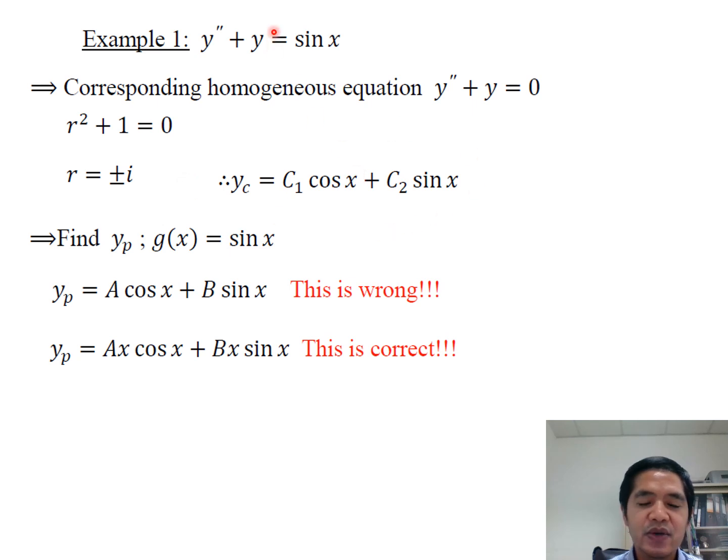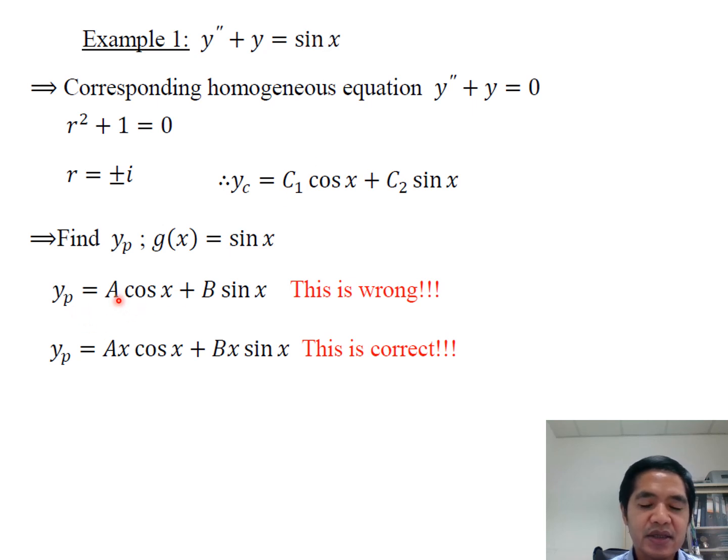Now for the non-homogeneous form, you have to predict yp first from the table. The polynomial is 1 as I said, and sine cosine here is sine x.